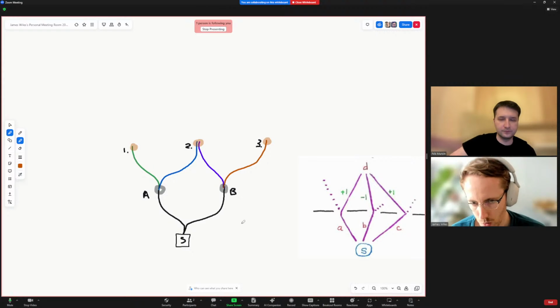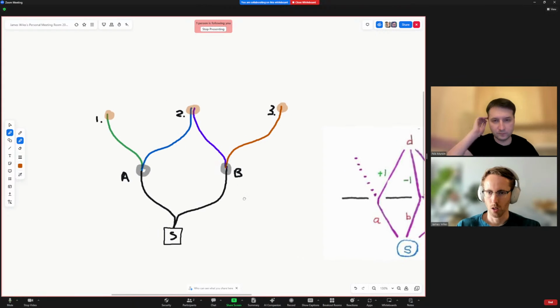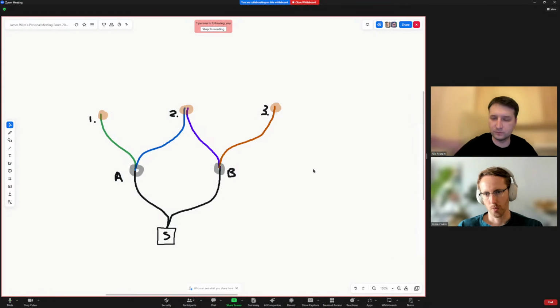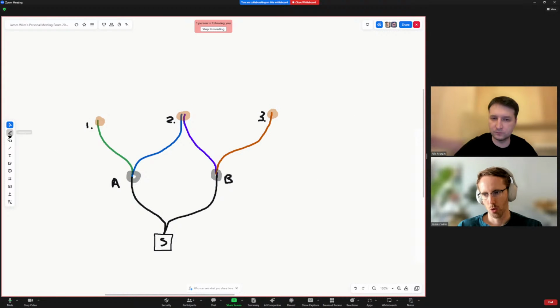Now, what's interesting with this type of experiment is that if you were to cut off this side, this B over here, so let's say you just stop the photons, let's just call them photons, coming through here.